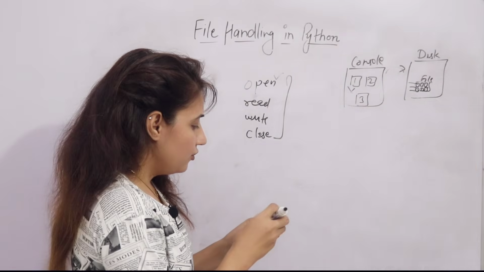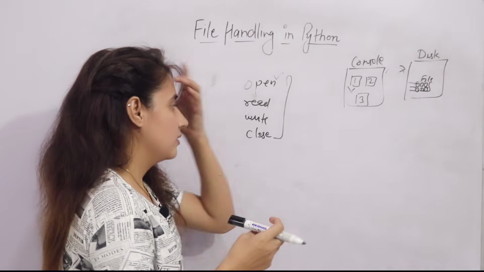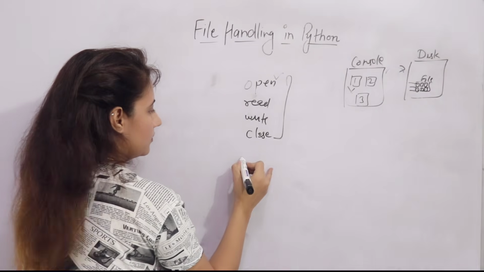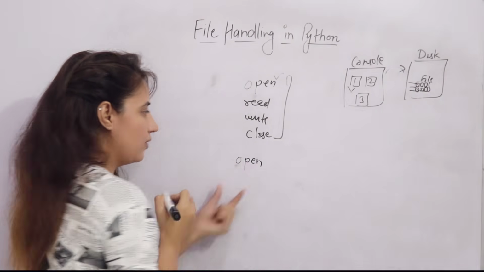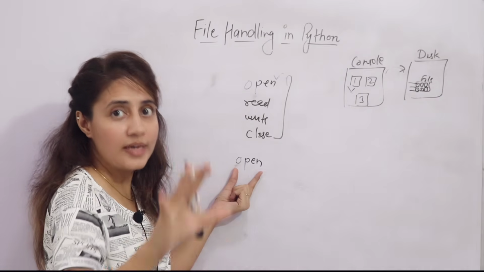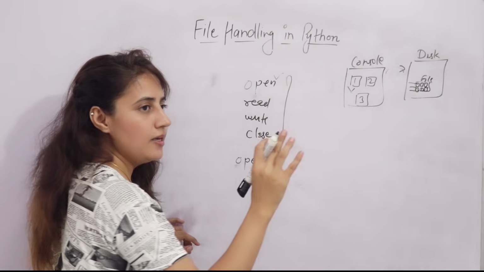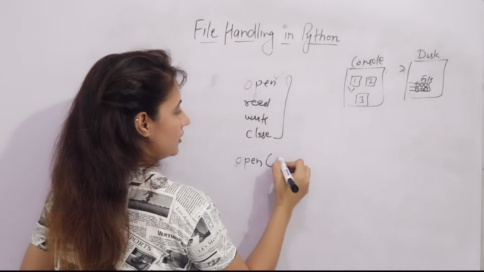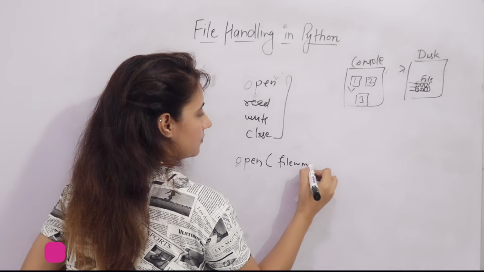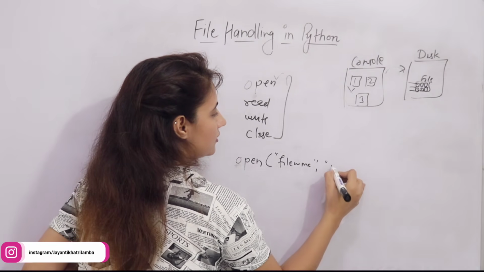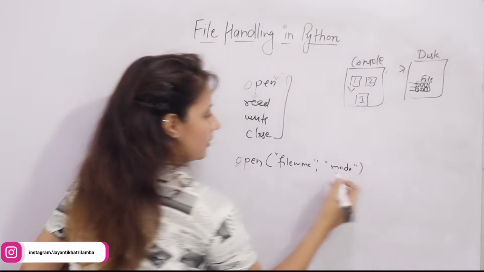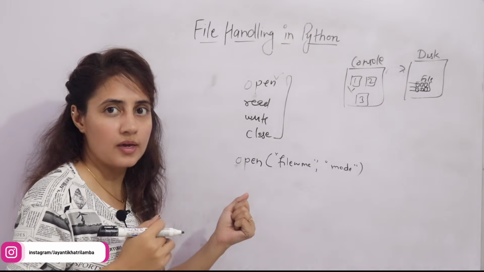Okay, now how to open the file first. The syntax is what? We use this open function. This is inbuilt, no need to import anything, right? And mainly 2 parameters you need to give. First is the file name, right? And then next is the mode, in which mode you want to open this file.